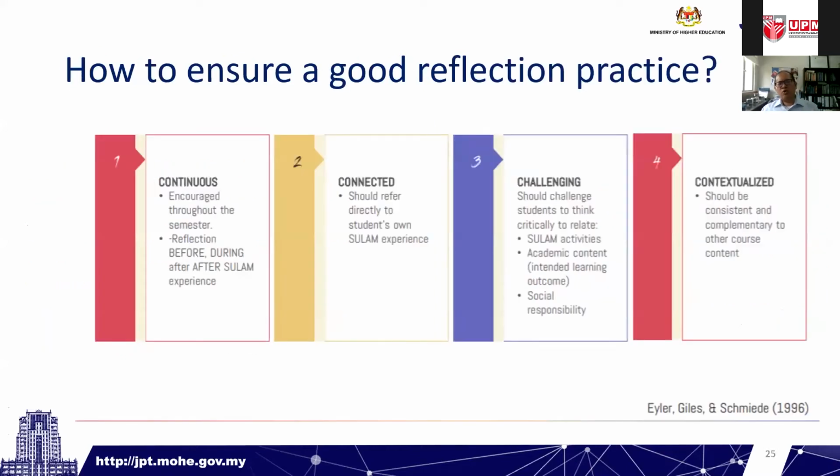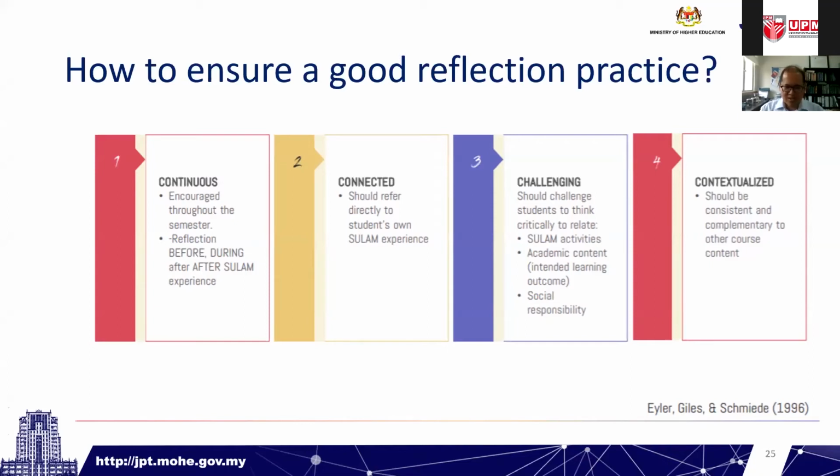How to ensure a good reflection practice? It needs to be continuous. It needs to be encouraged throughout the semester. Importantly, you should have at least 3 stages: before, during, and after the service learning or SULAM experience. The reflection needs to be connected, and it should refer directly to students' own SULAM experience.